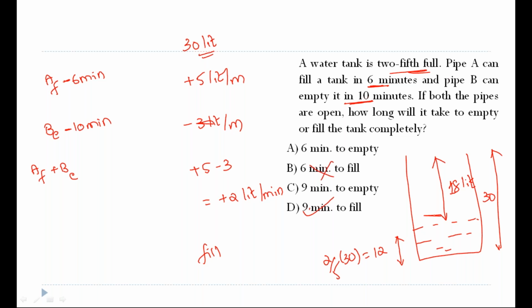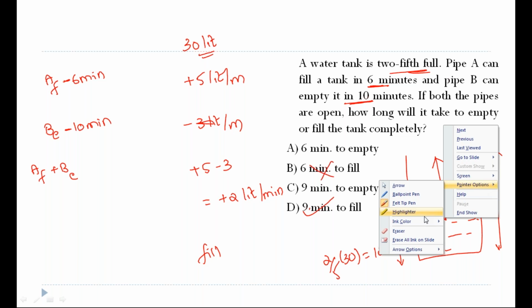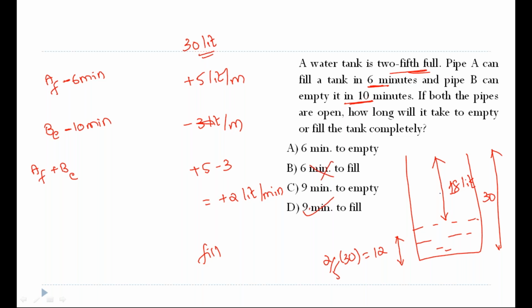That's the trick behind this question, the basic idea behind this question. Filling means making all 30 liters, 12 liters available already. You want to add 18, and you are adding 2 per minute. So it takes 9 minutes to fill.